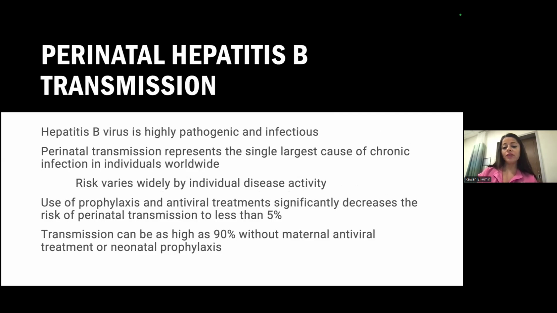It is highly pathogenic and infectious, and worldwide perinatal transmission represents the single largest cause of infection in individuals worldwide. It could be as high as 90% without maternal antiviral therapy or neonatal prophylaxis. So that's why it's very important to recognize that in pregnancy and start treatment if it is positive.